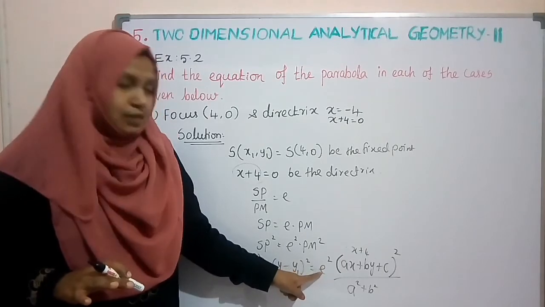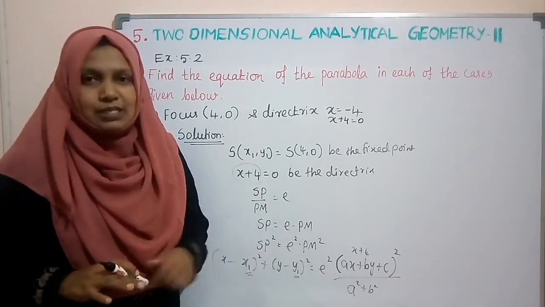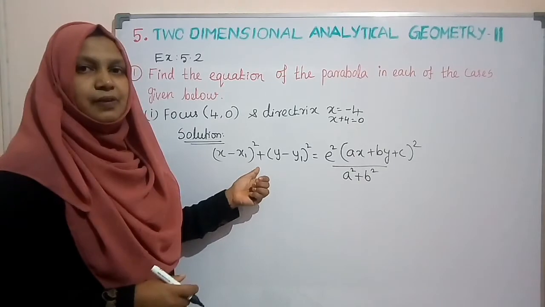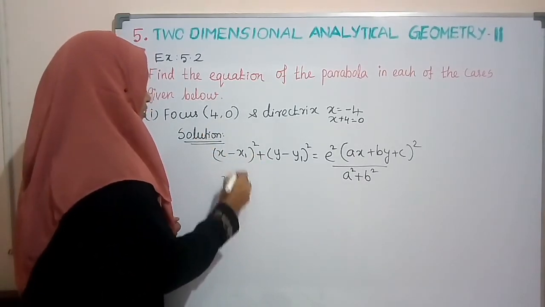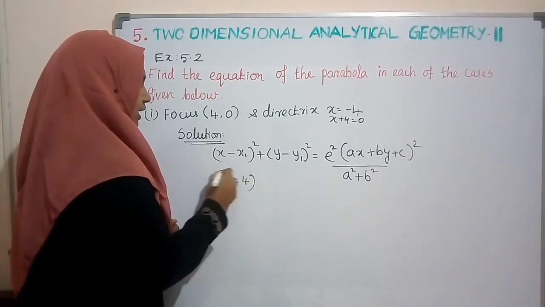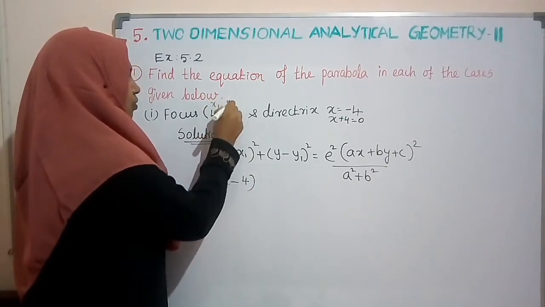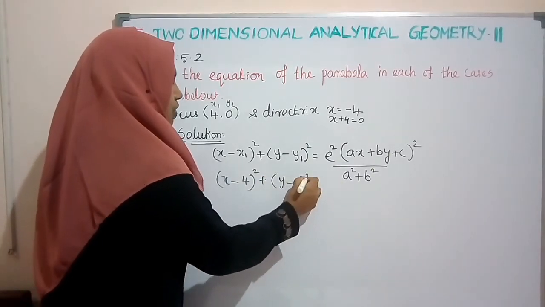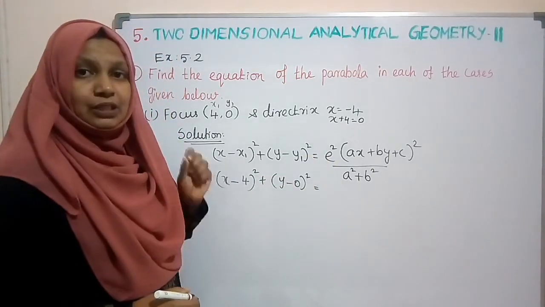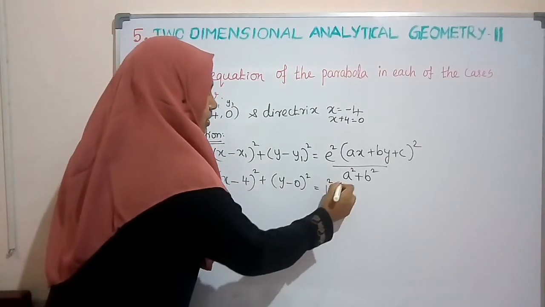So here you can substitute e value as 1 square. In this formula, we can substitute the value x minus 4 the whole square, x1 is 4, y1 is 0. So y minus 0 the whole square is equal to, what is your e value? It is 1. So I am writing 1 square.